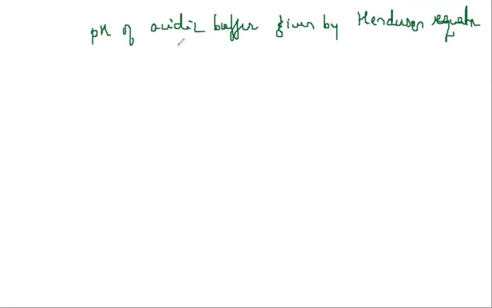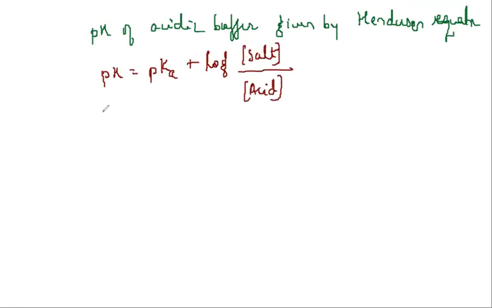The pH is given as pH is equal to pKa plus log of the concentration of salt upon the acid concentration. Yes, and they have mentioned buffer capacity. We have seen what we mean by buffer capacity: it is pKa plus or minus 1.